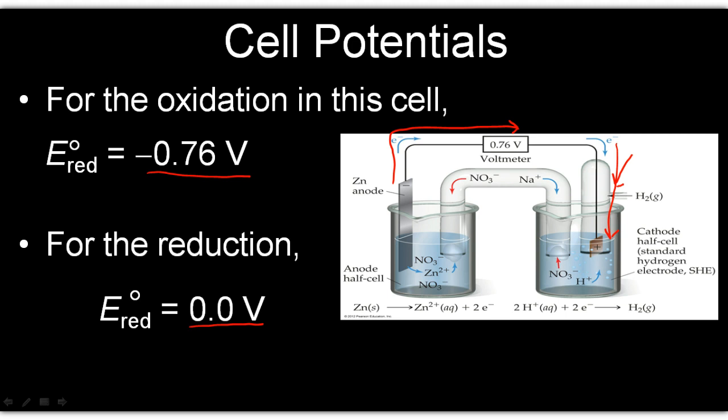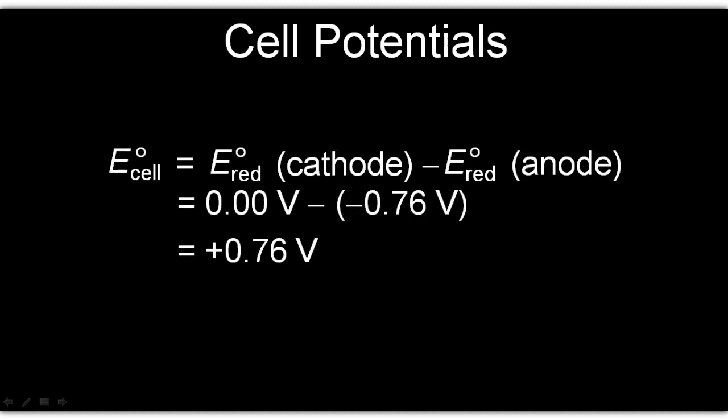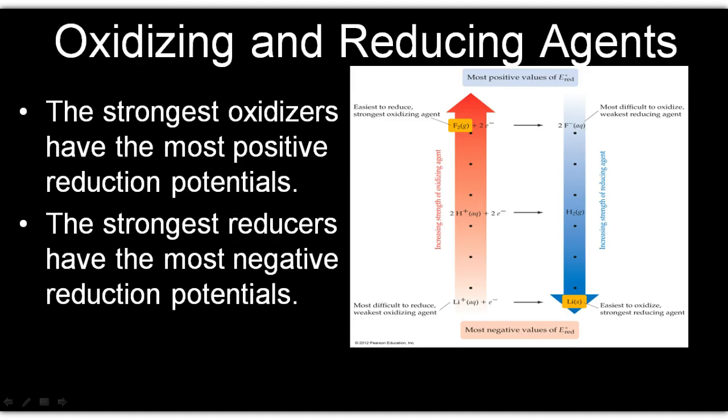So as far as which one goes where, this one is a less negative value, 0, so that is happening at the cathode. And this one is happening at the anode. So 0 minus a negative 0.76 gives us a positive 0.76. So this, with a positive value, is considered spontaneous. That's something we talked about in the previous chapter, and it works exactly the same way here, except our sign is different. So positive indicates spontaneous.